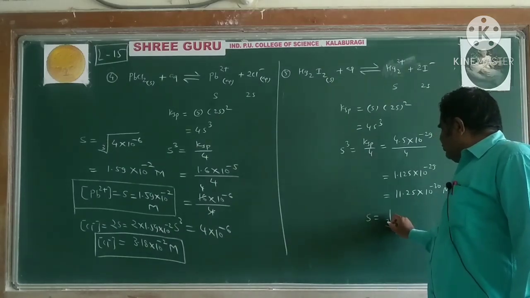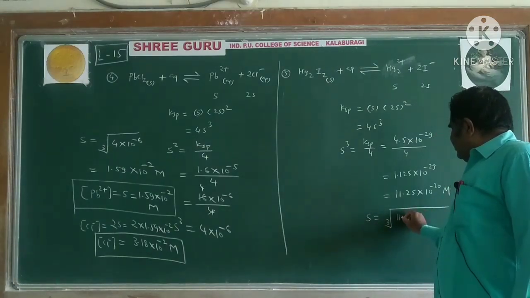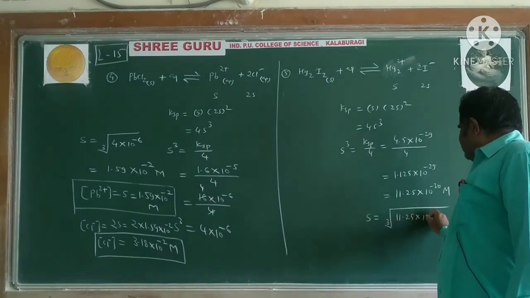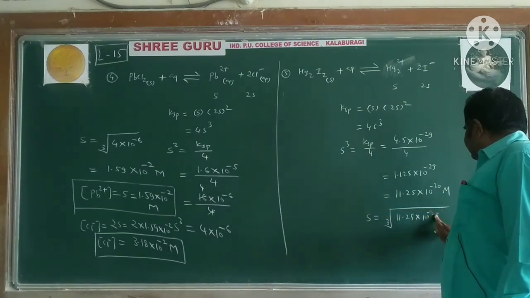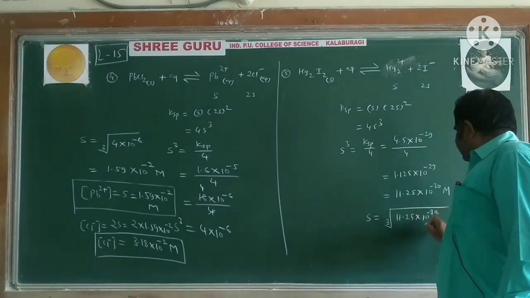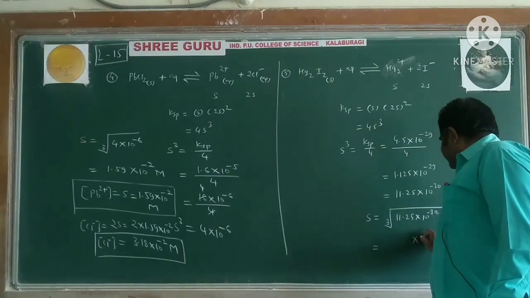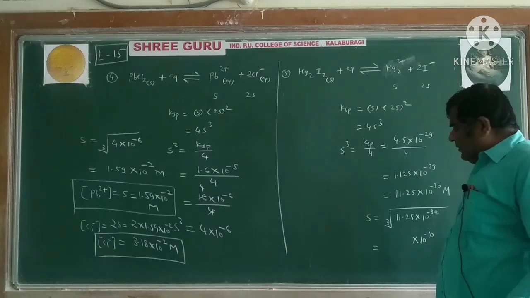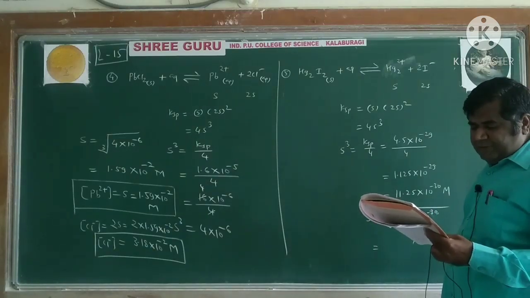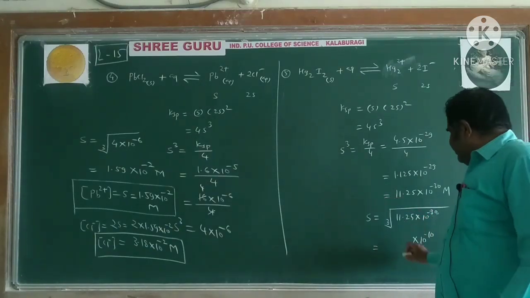S is equal to the cube root of 11.25 into 10 raised to minus 30. The cube root of 10 raised to minus 30 is 10 raised to minus 10. And the cube root of 11.25 is 2.24.